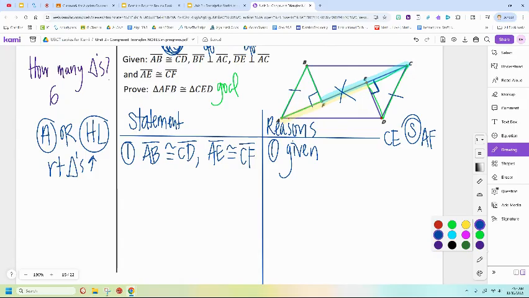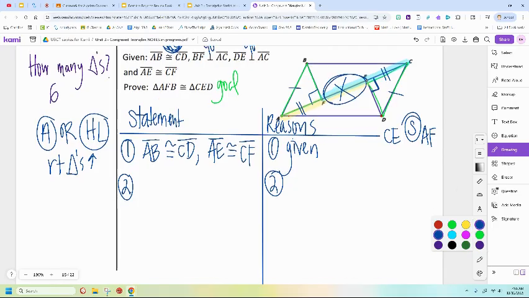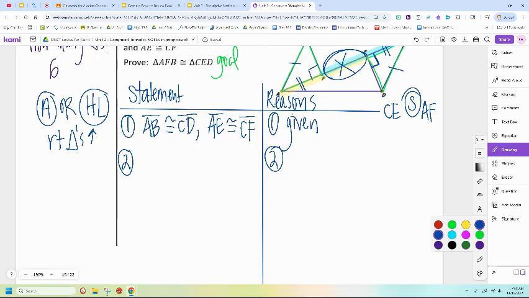Okay. All right. And I'm going to focus on using those 2 givens first. Now, if I want to have AF congruent to EC, I've got to subtract that. So the next thing I need to do before I can subtract it is put it in my proof.